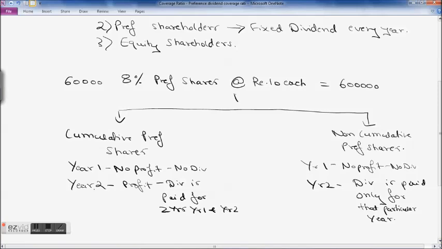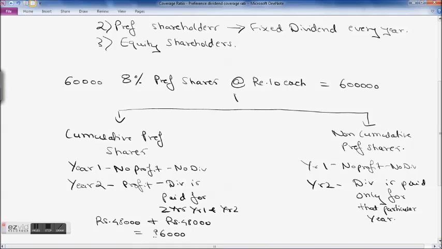So in the above case, 6 lakhs is the share capital. So the per year dividend is 8% of 6 lakh, 48,000, right? So for cumulative preference shares in year 2, you will have to pay 48,000 of year 1 plus 48,000 of year 2, right?